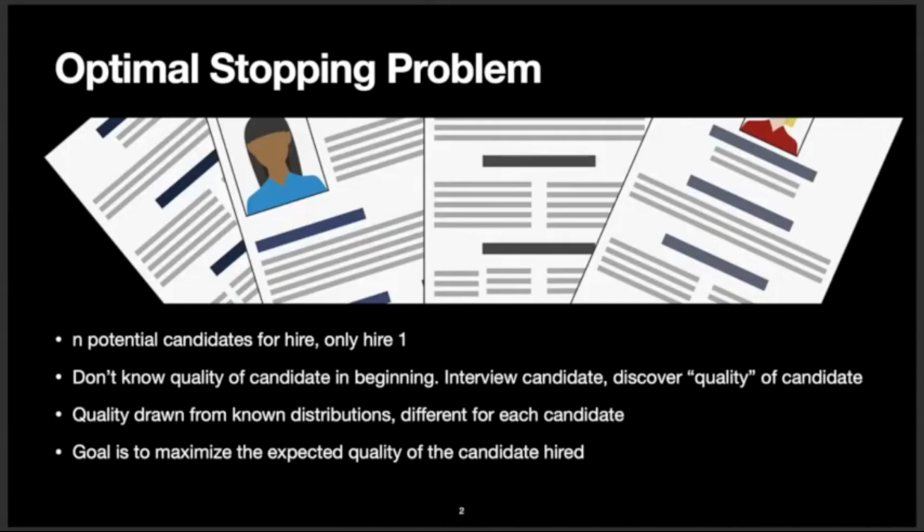After you interview a candidate, you discover their quality, and this quality is drawn from a distribution that is known to you. Furthermore, different candidates have different distributions. In this context, you can think of these distributions as information you gather from the resumes for each candidate. And as HR, your goal is to maximize the expected quality of the candidate that you hire.